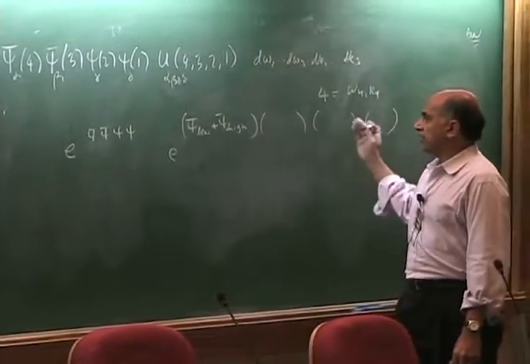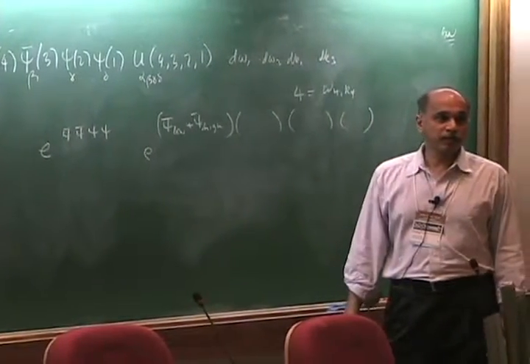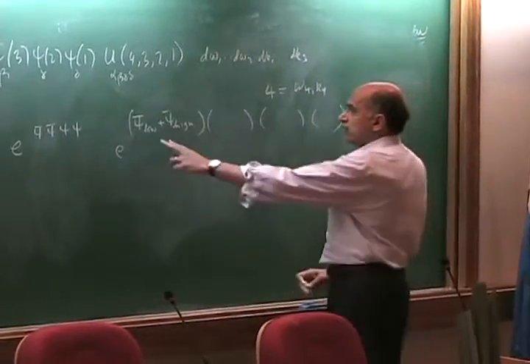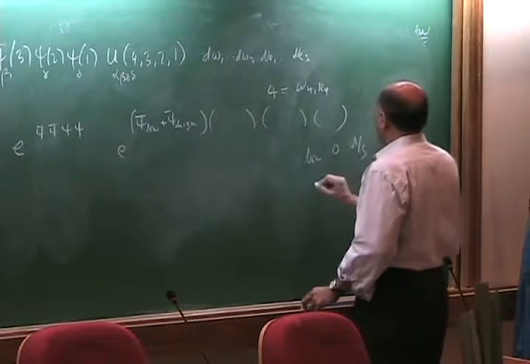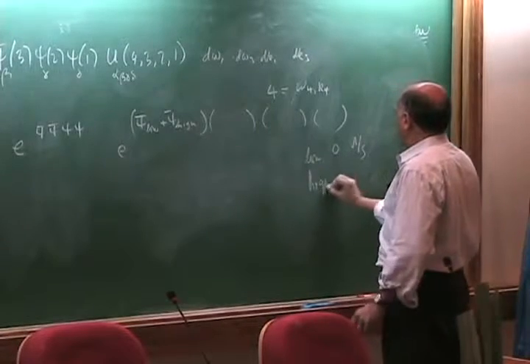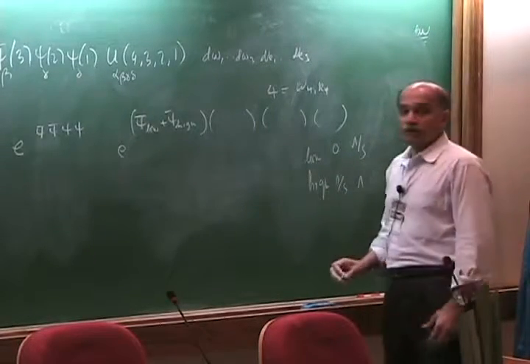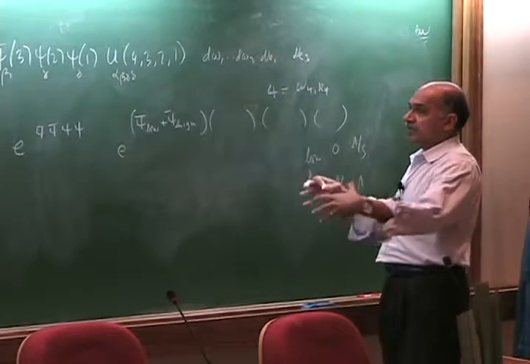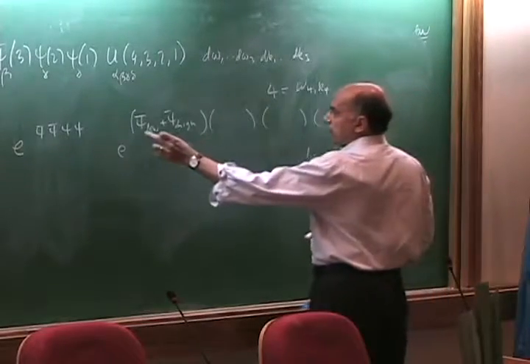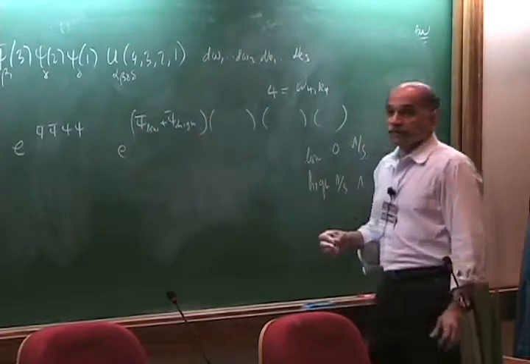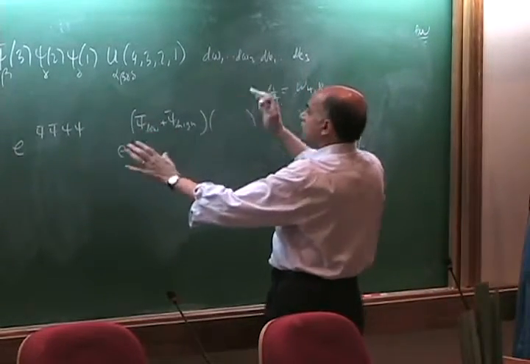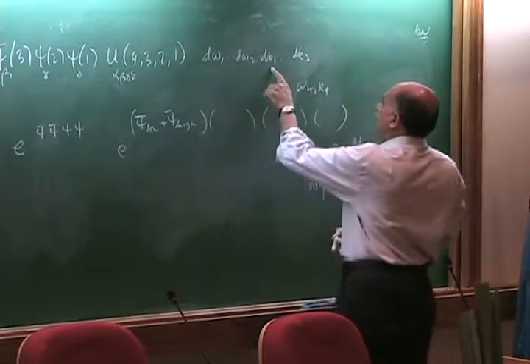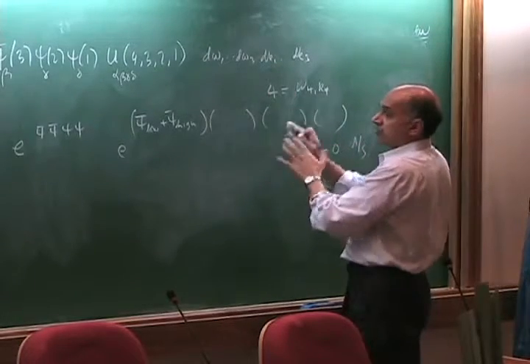So when I open up the bracket, there are going to be 16 terms. I want to keep anything that says low. Low meaning between 0 and lambda over s, and high is between lambda over s and lambda. You can always divide the psi, expanded in momentum states, into the part that involves low momentum and the high momentum. This compact notation, integrated over all these k's, hides the fact that every dk has a part inside when you cut off and outside when you cut off.